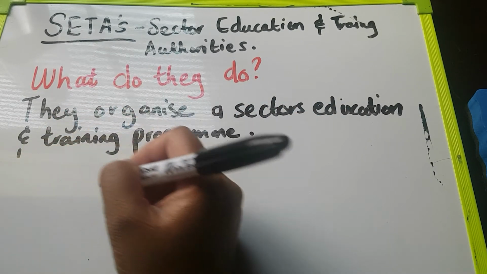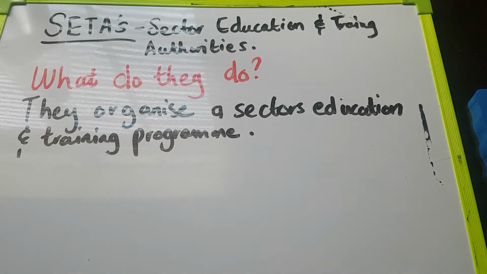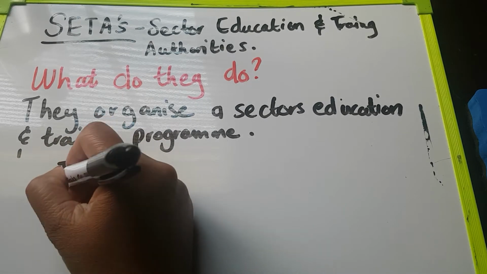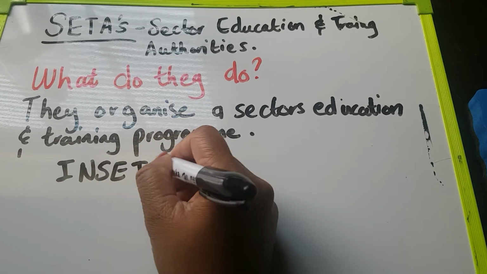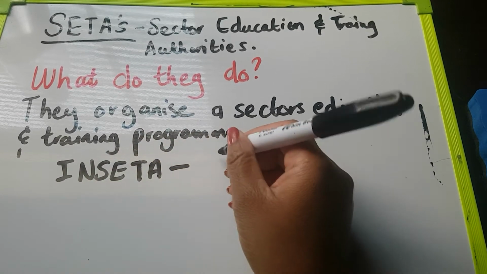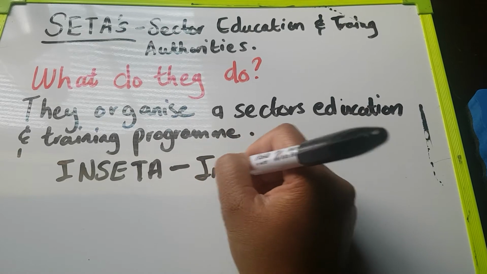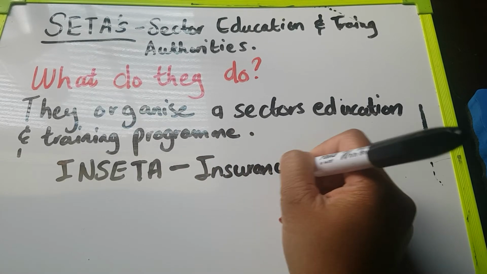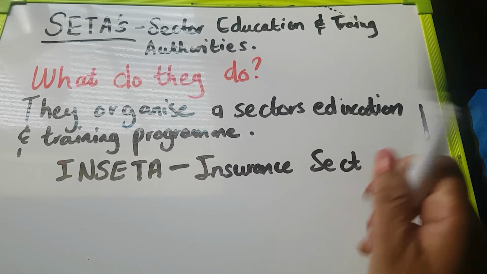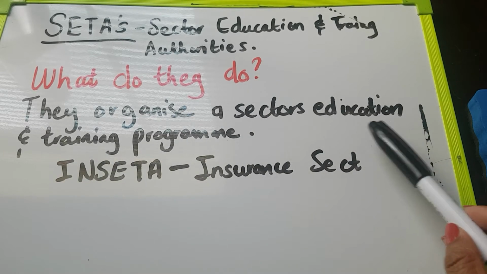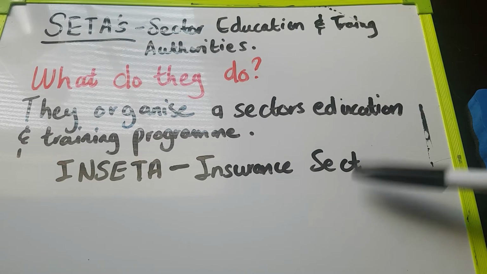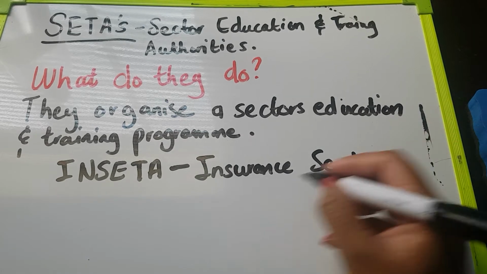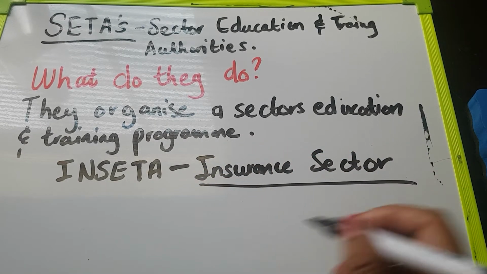Now, these are examples of the SETAs. We have the INSETA, which is the insurance sector. So when we say they organize a sector's education and training program, that means they are responsible for this sector, the insurance sector.